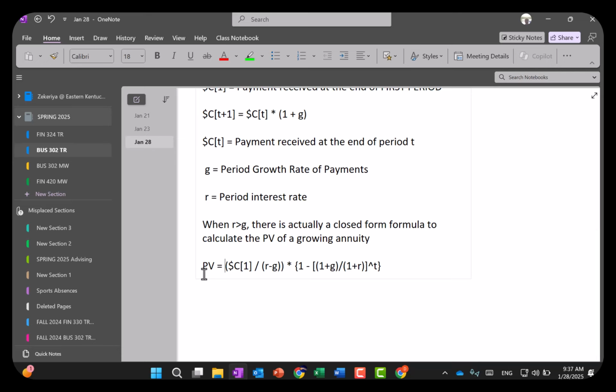It is an ugly formula, and if you want to memorize it, memorize it. I didn't even want to bother to write it by hand.